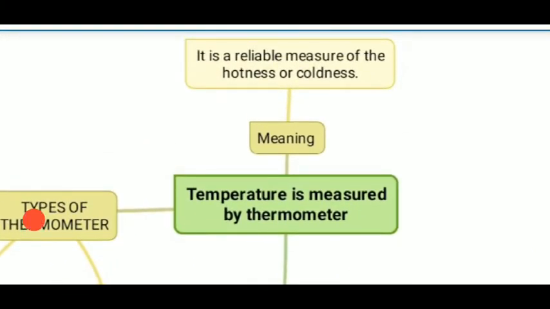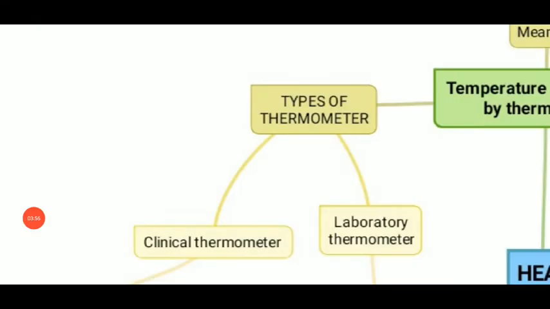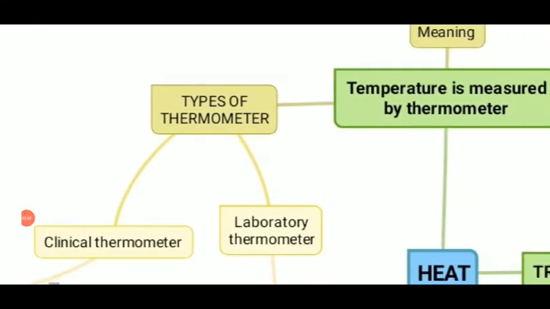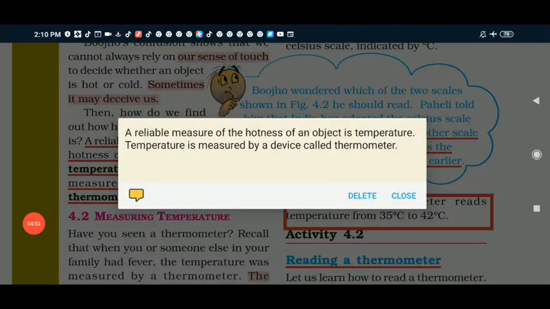So how can we define temperature? It is a reliable measure of the hotness or coldness. And temperature is measured by a device called thermometer. So what is a thermometer? A thermometer is a device that is used to measure temperature.